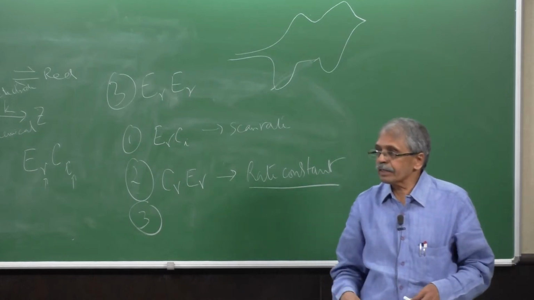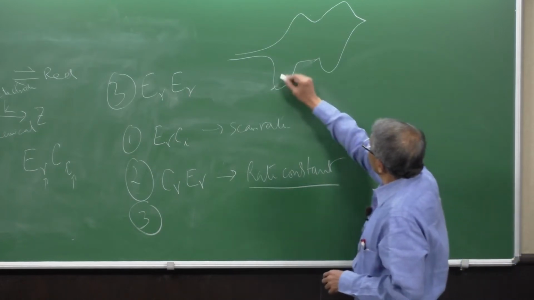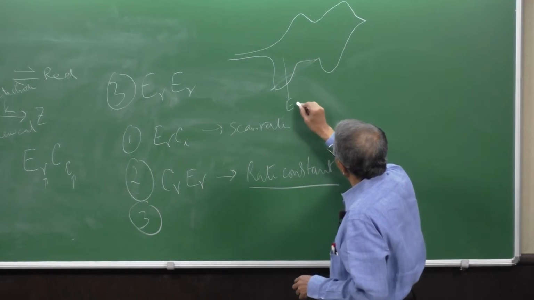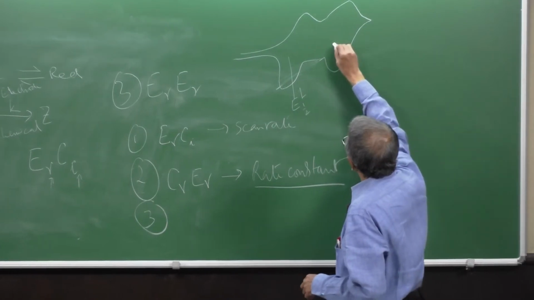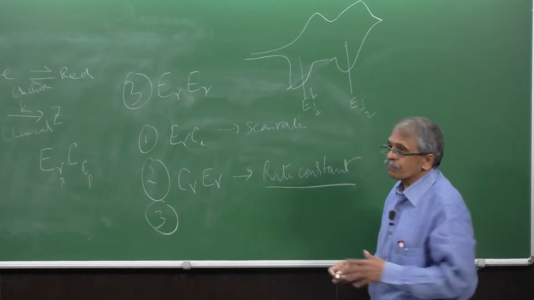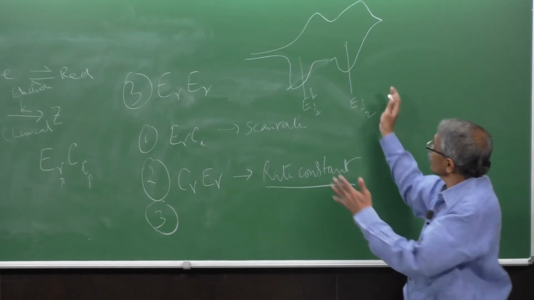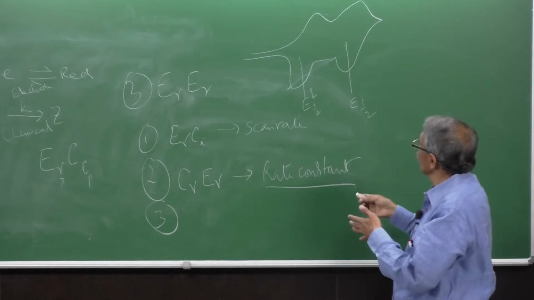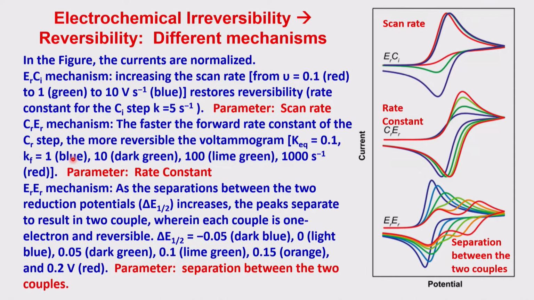If the difference between this E half of 1 and E half of 2 is smaller, obviously there will be overlap, or 0 means completely overlapping. If it is a little larger, a little separation. If it is more difference, then you will have a greater separation, and then you can see the two peaks separately.